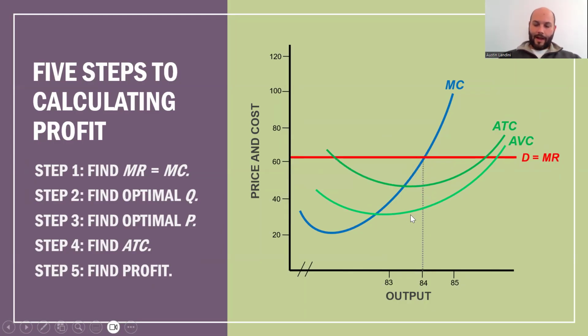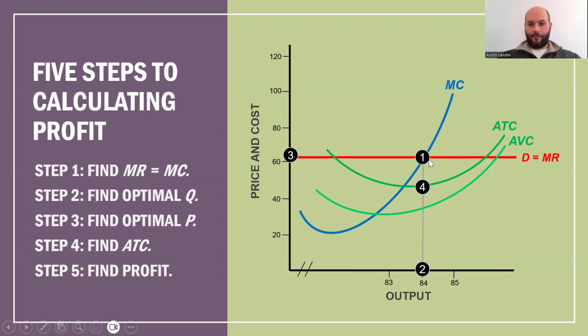All right, but here are the steps. Once again, let's go back. MC equals MR gives us our optimal quantity. We can figure out what the market price for that quantity is. For the perfect competitors, it's just the market price. And then we can find average total cost of producing that quantity and compare price to average total cost.